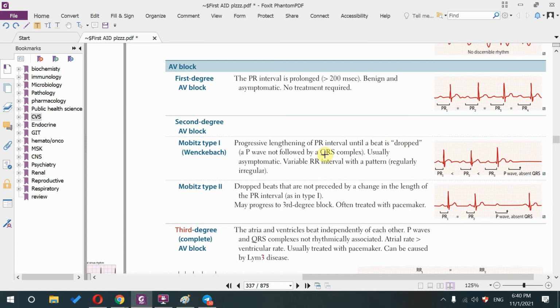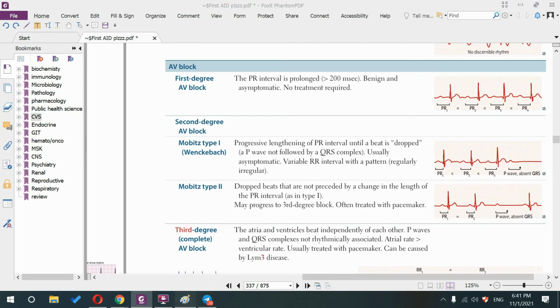Basically we have lengthening of the PR interval, then further lengthening, then more lengthening, and then we have a drop. It's usually asymptomatic, and there will be a variable RR interval with a pattern, so it means that it's regularly irregular.